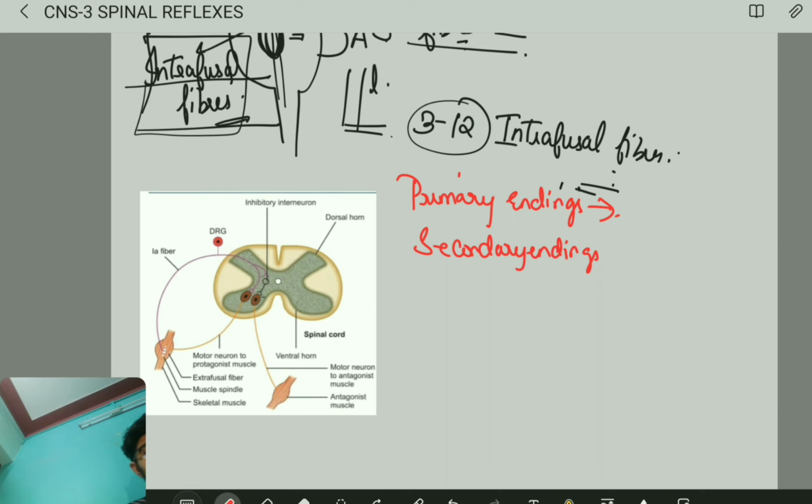The answer is group 1A afferents. 1A afferents. The secondary endings mainly contribute to your group 2 fibers.